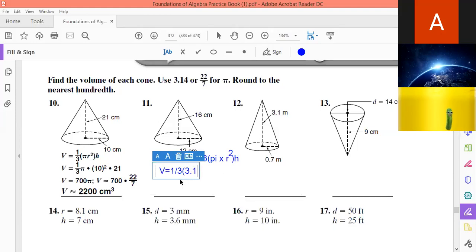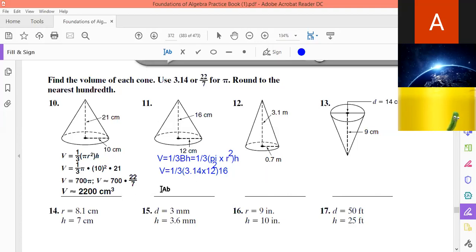Then times r. What is the value of r from the figure? Radius of a circle, yes, 12. You will make right here 12 square, and then times height, which is 16. Can you see 12 square?